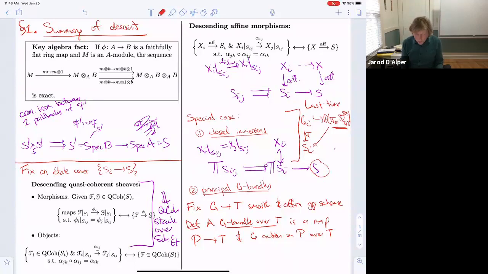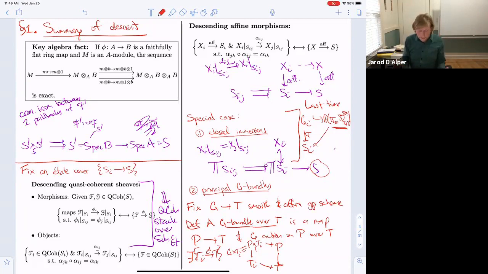And then the condition is that it's locally trivial, in the sense that there exists an fppf cover T_i such that when you base change, this is isomorphic to the trivial one, G × T_i, G-equivariantly. You can think of this almost topologically: the fibers are G, you have a free action of G on the total space, and the quotient is T.